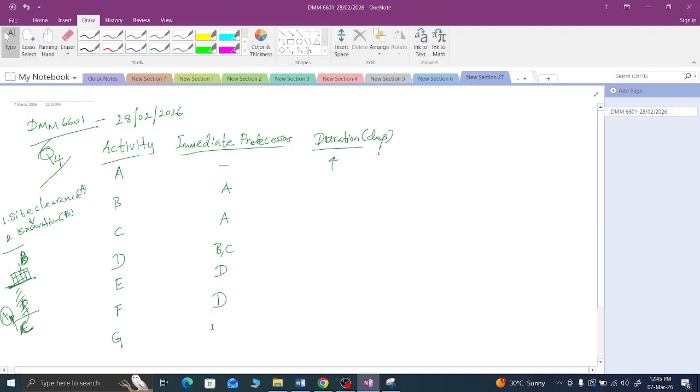After completion of E and F, one activity will start. So two different activities start after D, and after E and F, one activity starts at a particular point. This is called the relationship sequence.